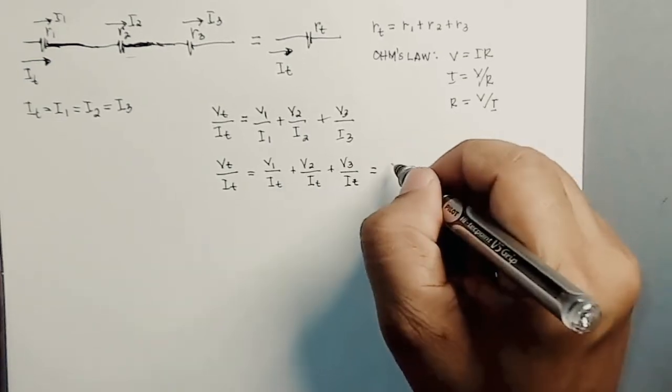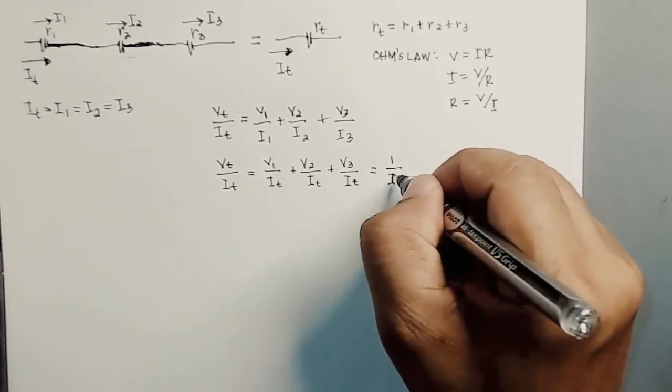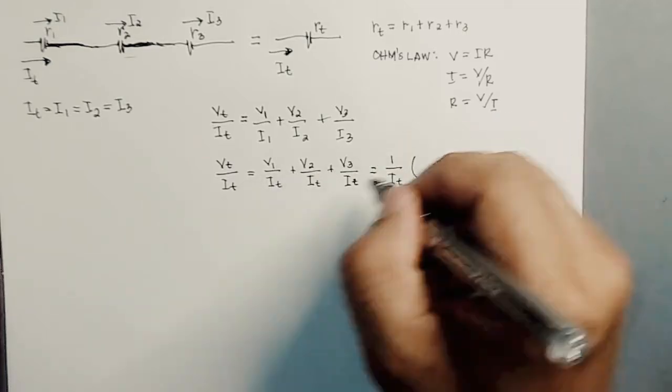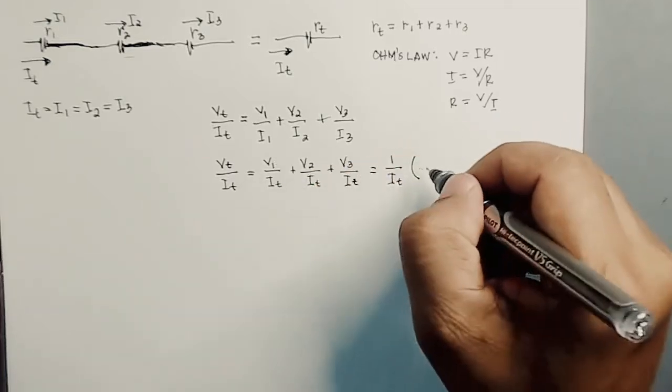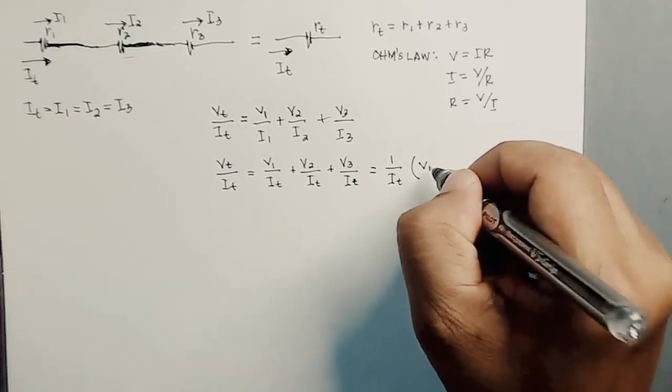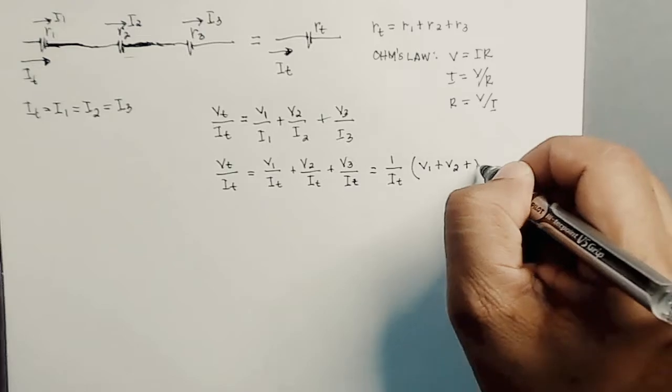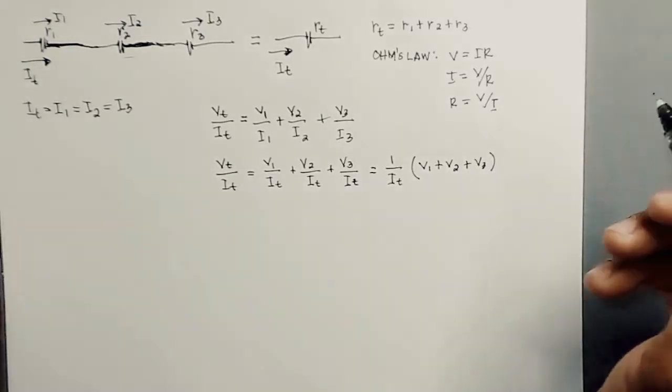The common factor is 1 over I sub T, and what remains inside the parentheses is V sub 1 plus V sub 2 plus V sub 3.